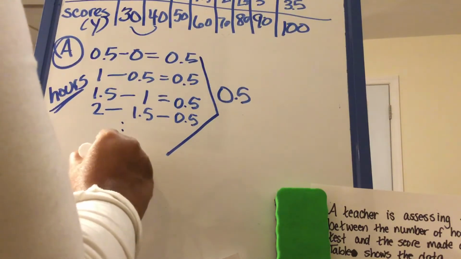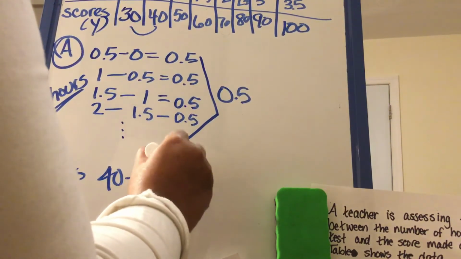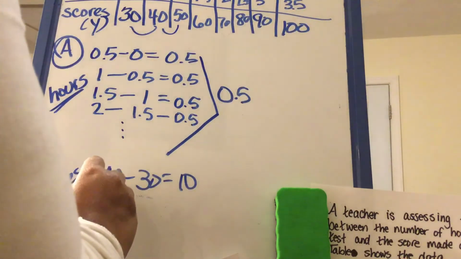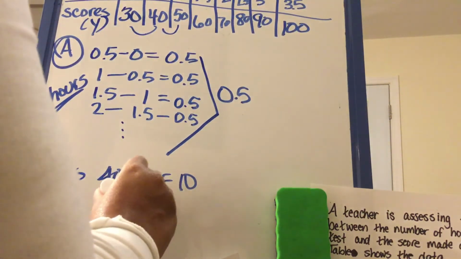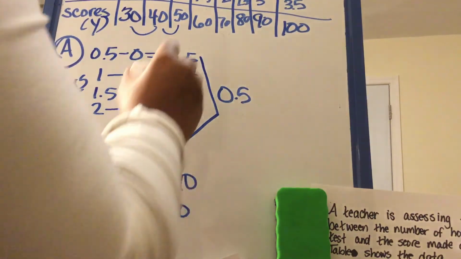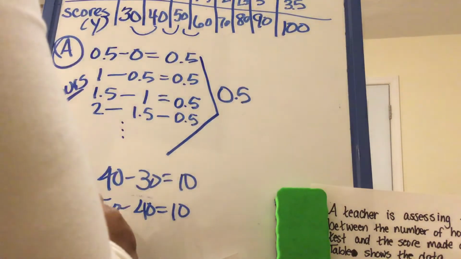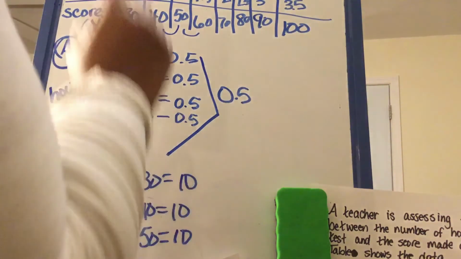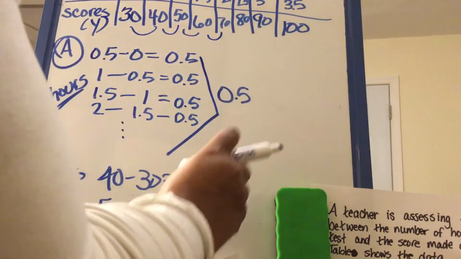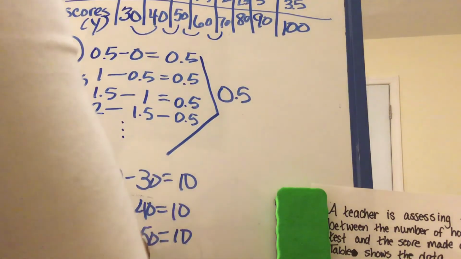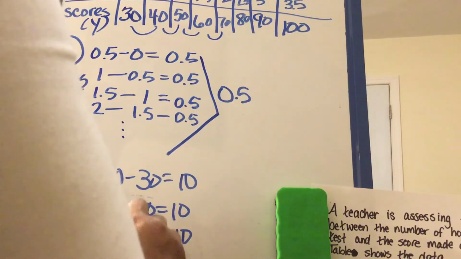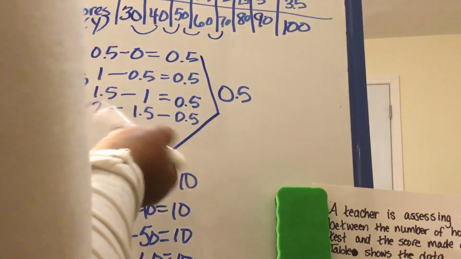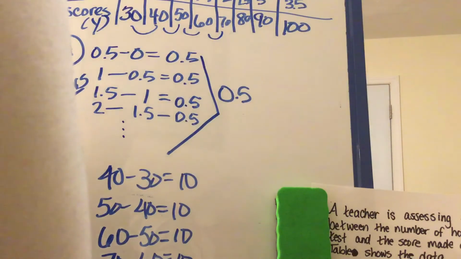So 40 minus 30 equals 10, right? 50 minus 40 is 10. 60 minus 50 is equal to 10. 70 minus 60 is equal to 10. 80 minus 70 is equal to 10. 90 minus 80 is also equal to 10.